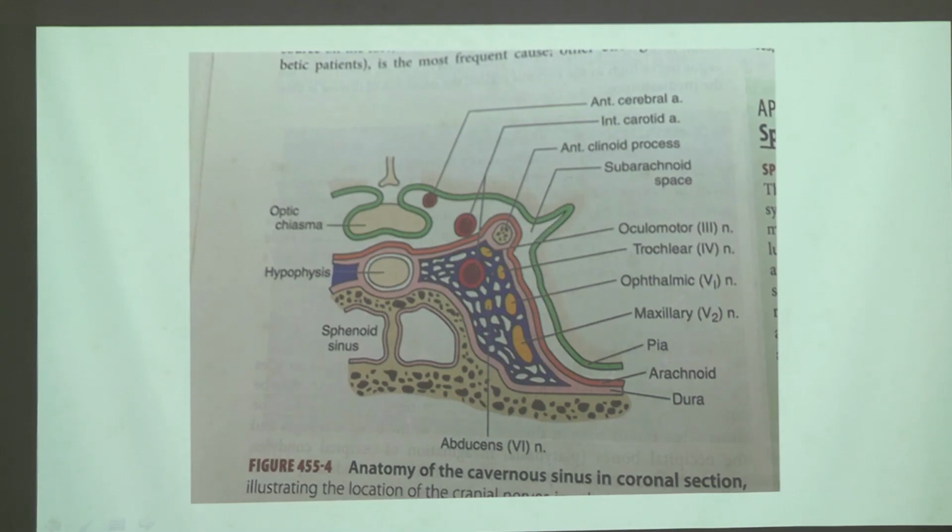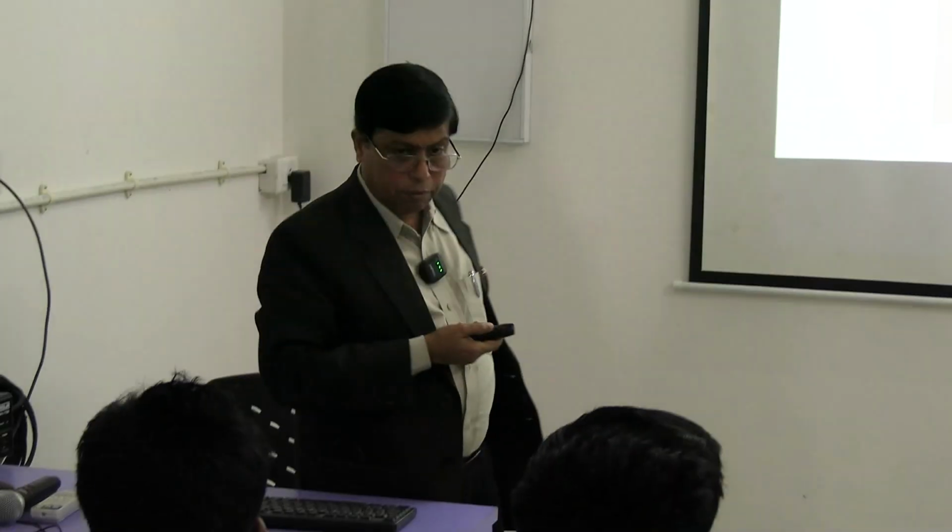The cavernous sinus is very important because it is commonly affected by sphenoidal sinus infections, which are close to it. It is also very close to the pituitary fossa, so any affections there can affect it. The carotid artery passes inside it, so if there is a carotid artery aneurysm, then the third, fourth and sixth nerves may be affected.